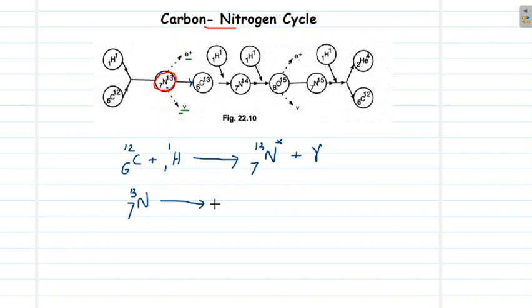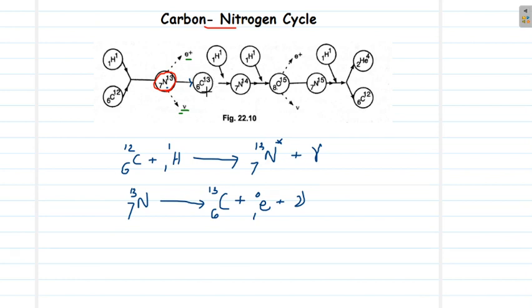So you can write that step as 7N13 converted into 6C13, releasing a positron, which is 1e0, plus a neutrino plus some gamma radiations. This is the second process, the beta decay of 7N13, which is highly unstable.